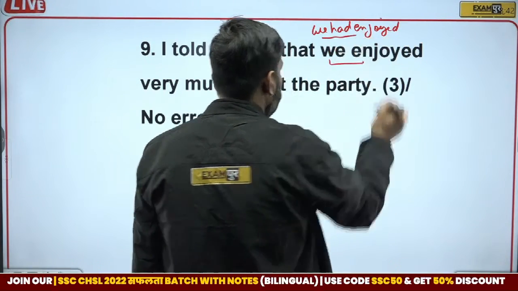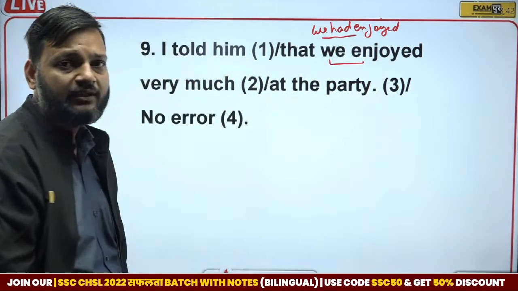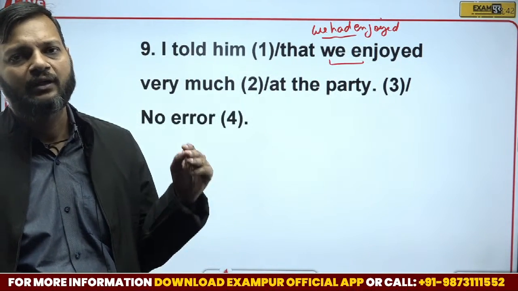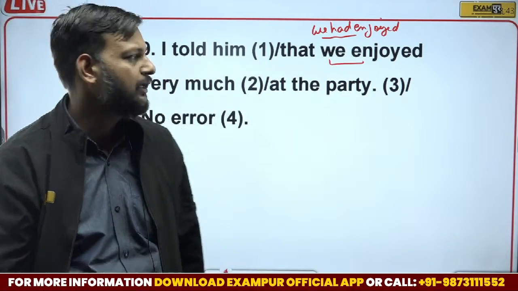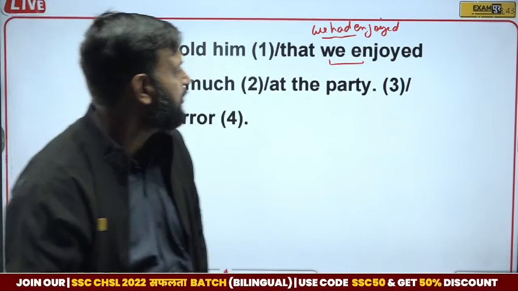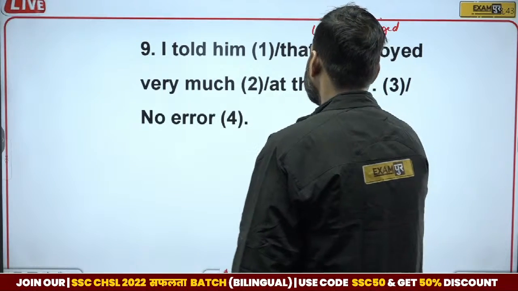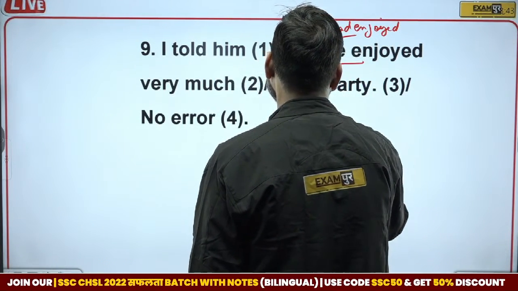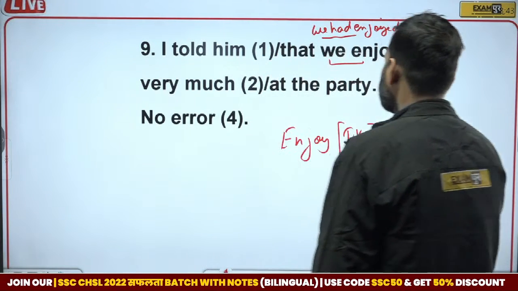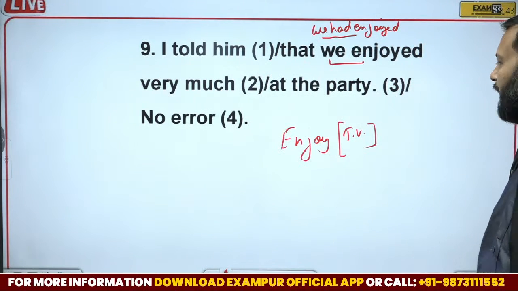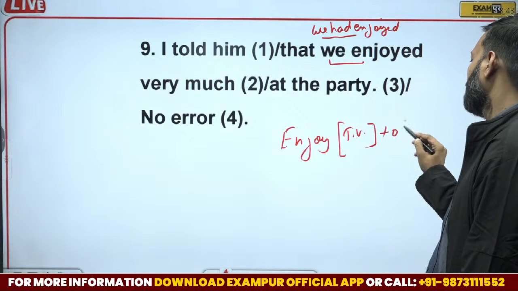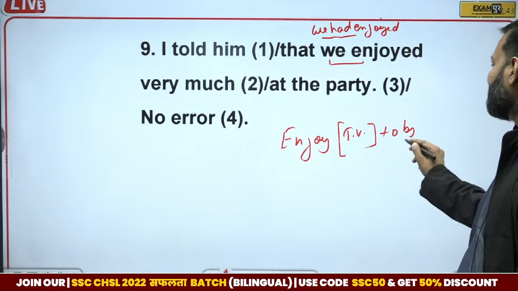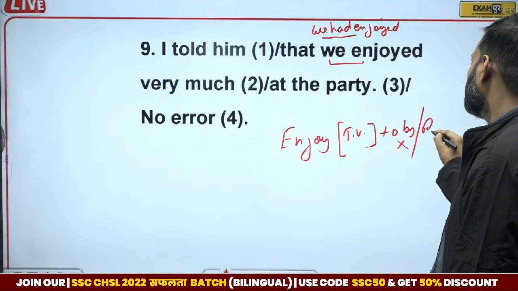It should be past perfect, because if you have studied the rules of direct and indirect narration, you must know that it should be in past perfect. And one more error is there. Enjoy is a transitive verb. It must be followed by an object, and in case an object is not there, a reflexive pronoun should be there.